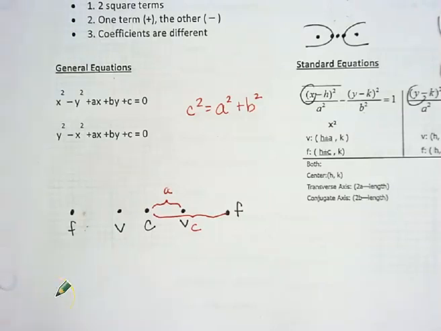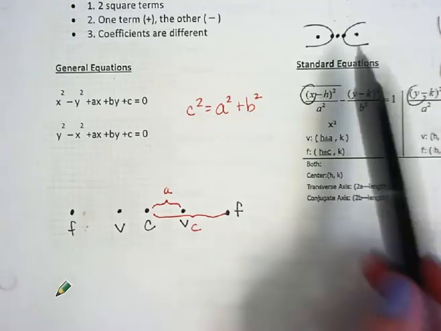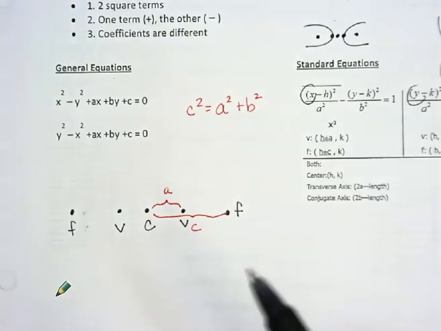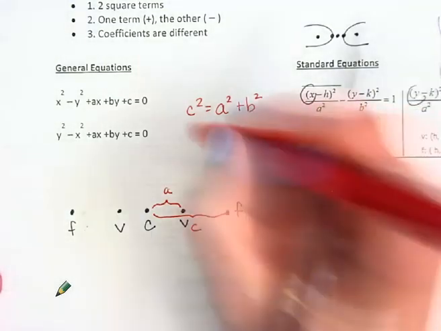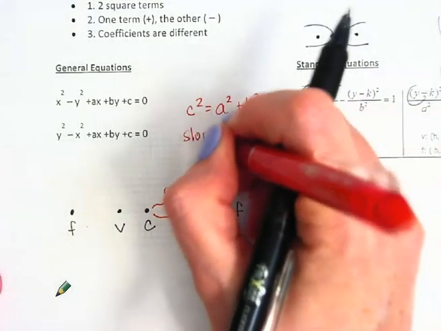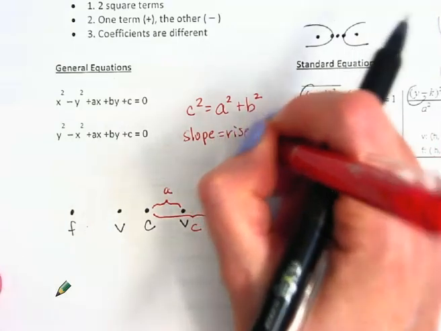So depending on your orientation, vertical or horizontal, your slope will either be b over a or a over b. For a horizontal orientation, like we're trying to give a generic example here, remember, slope is rise over run.